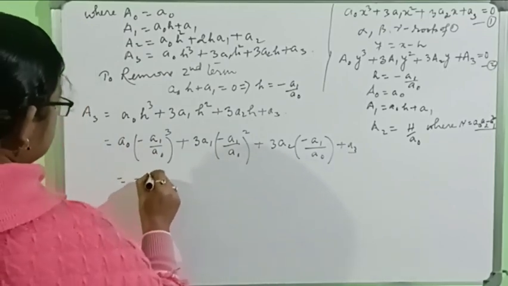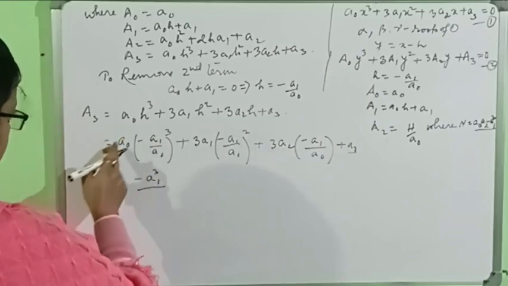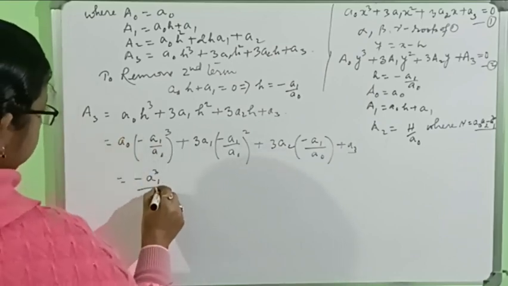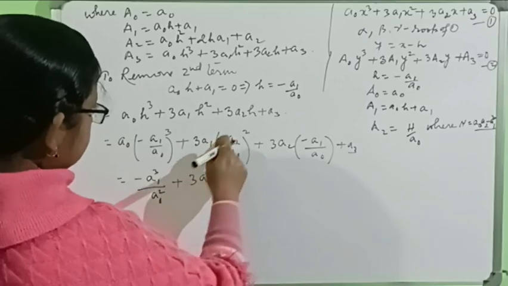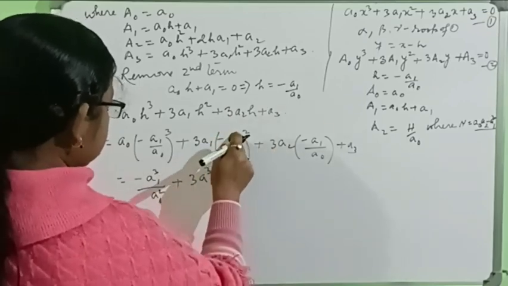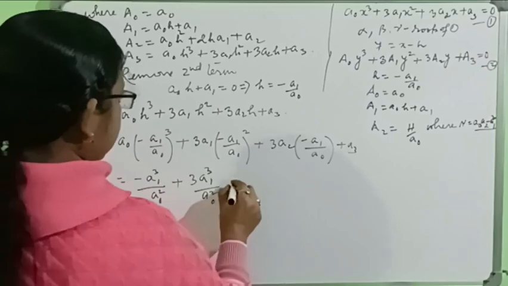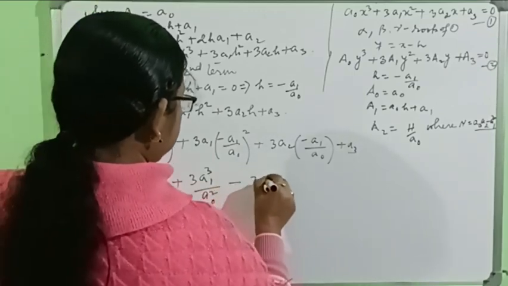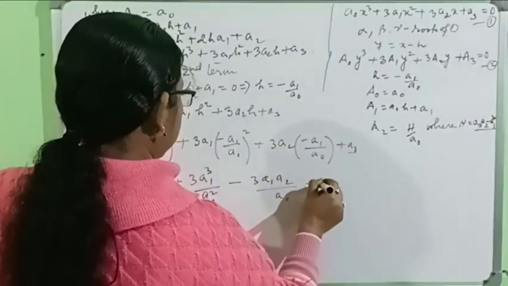This is minus a1 cube over a naught square, since one a naught cancels out. This is plus 3 a1 cube, and minus square is plus, this is a1 square multiplied with a1, over a naught square. Minus 3 a1 a2 a naught, plus a3.